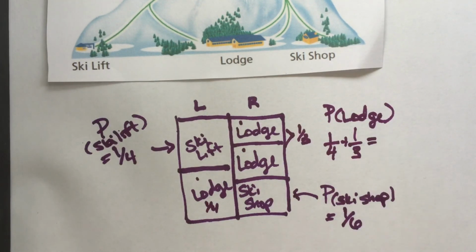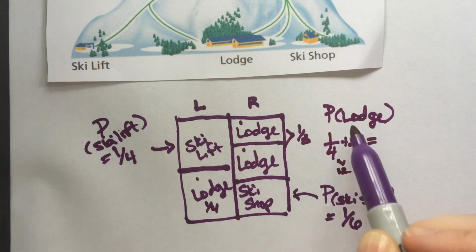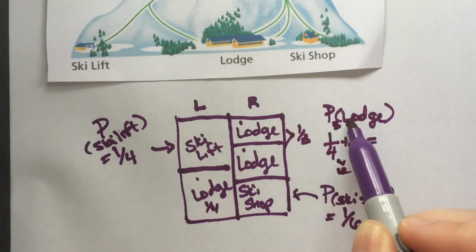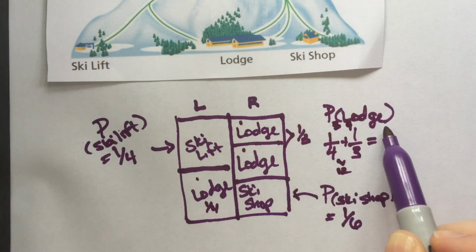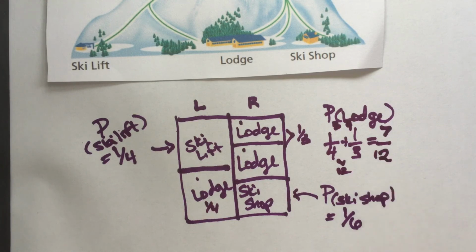If I thought of these as both being a fraction over 12, this would be 3/12 and 4/12, so the probability is 7/12. Now all 3 of those should add up to 1, which they do.